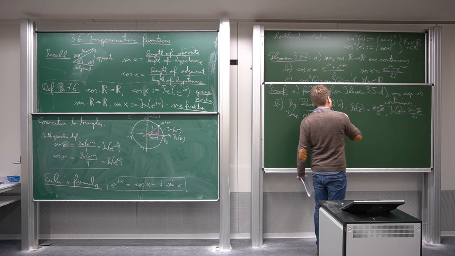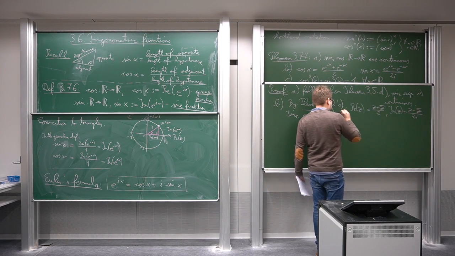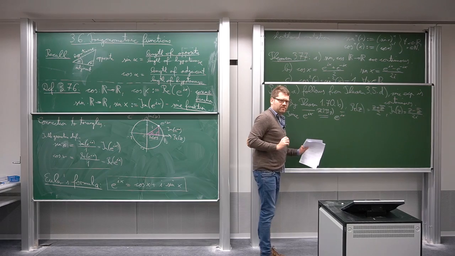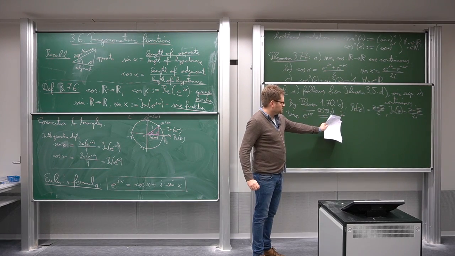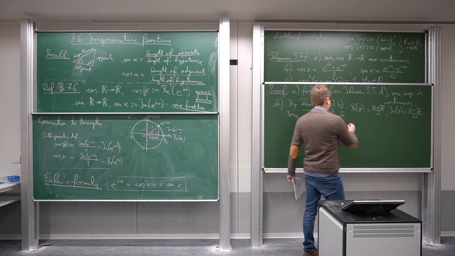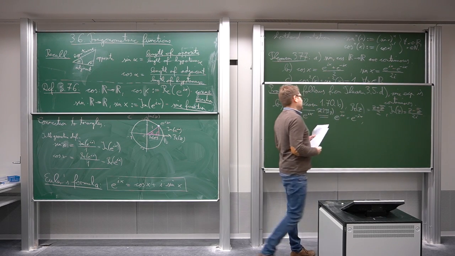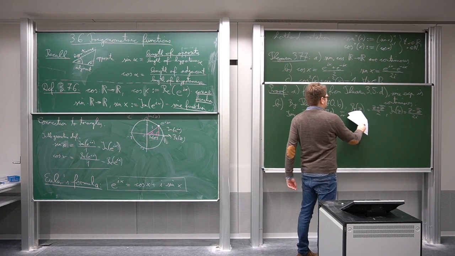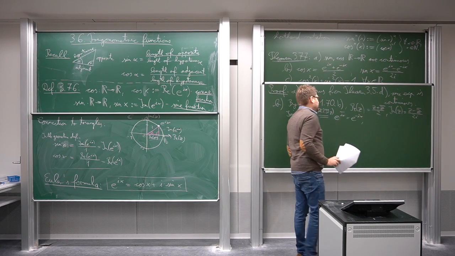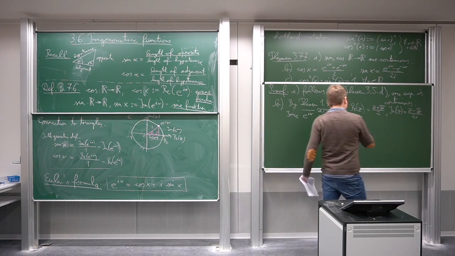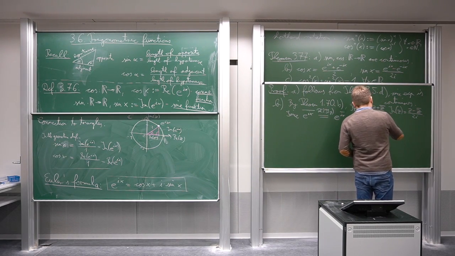So this is e to the ix, and now ix conjugate, and since x is a real number, this is purely imaginary, and so this just becomes minus ix by definition of conjugation. And so the claim follows. If we just insert e to the ix or e to the minus ix here, we get the two formulas. So the equations follow.